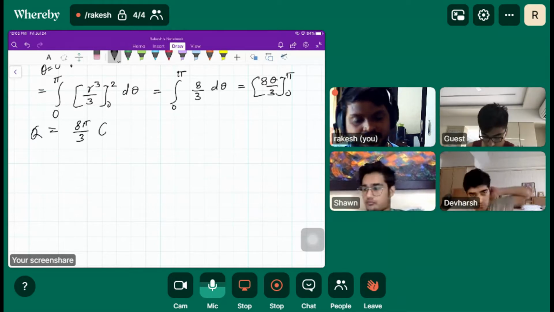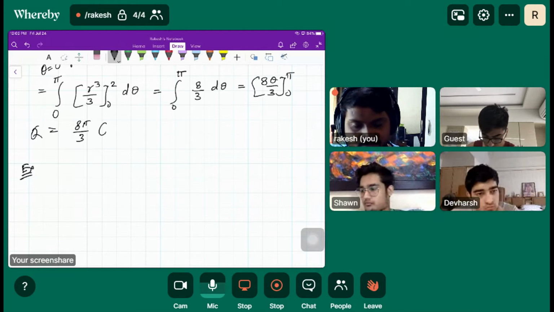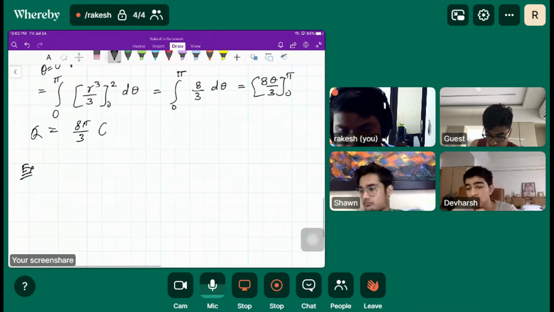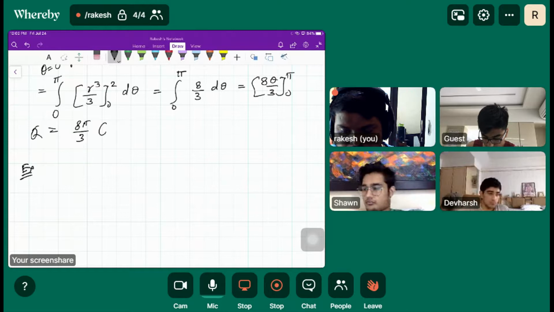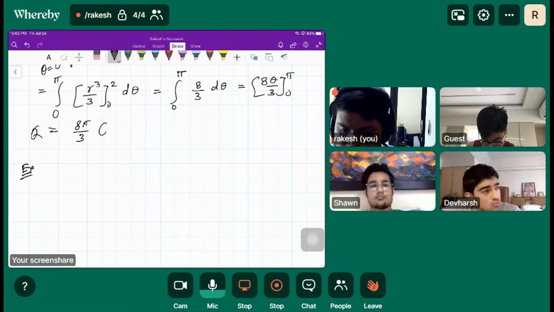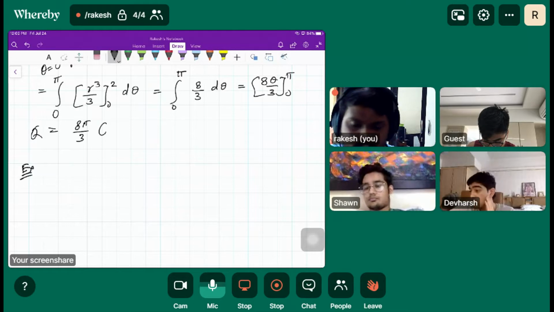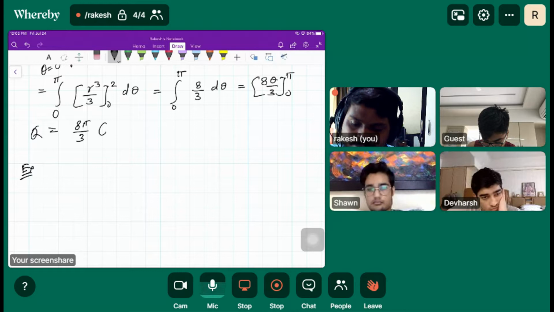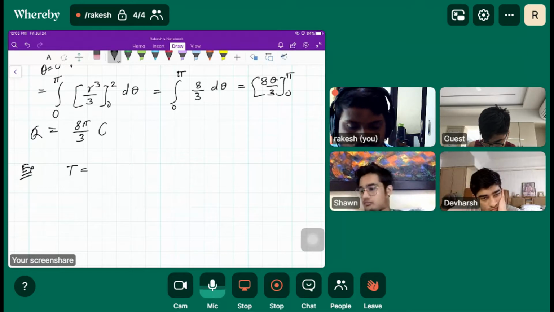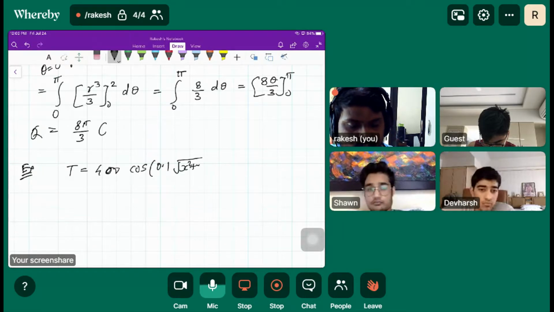Suppose the question is like this: we are given a hot plate over which the temperature is T equals 400 cos 0.1 root x square plus y square.